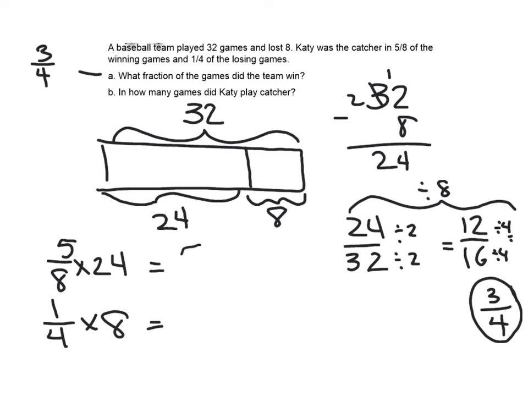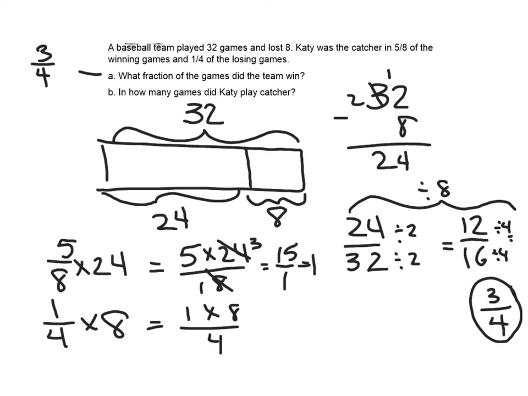Now let's solve. We're going to do 5/8 times 24, and 1/4 times 8. I know that I can simplify 8 and 24, dividing both of those by 8. 8 divided by 8 is 1. 24 divided by 8 is 3. 5 times 3 is 15 over 1, which is 15 games.